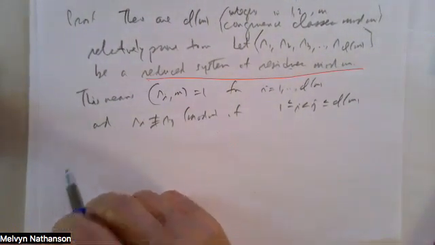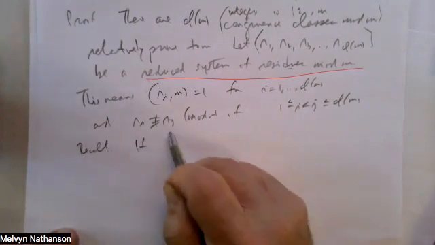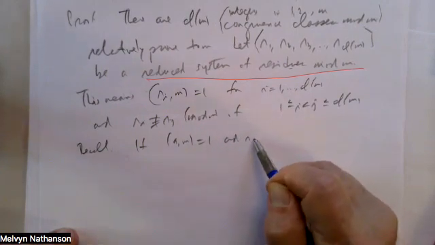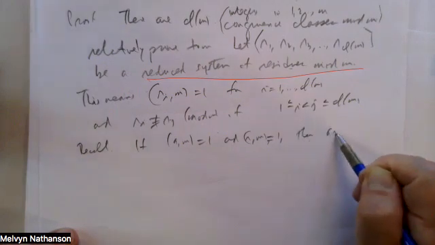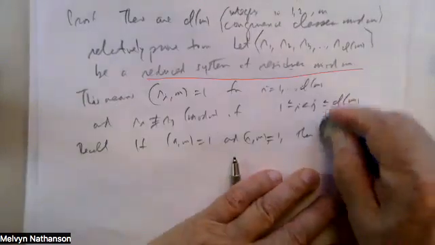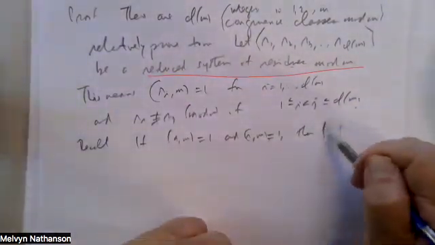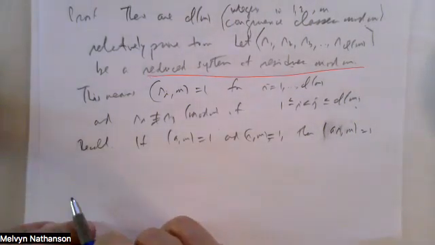And we can also say the following, note or recall: if A is relatively prime to M, and R is relatively prime to M, then A times R is relatively prime to M. Why is that?